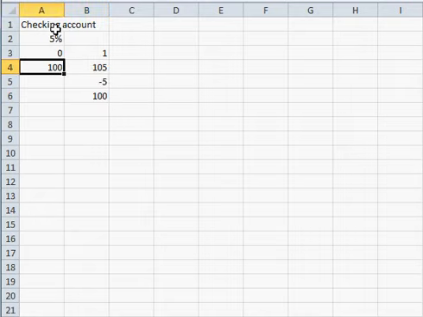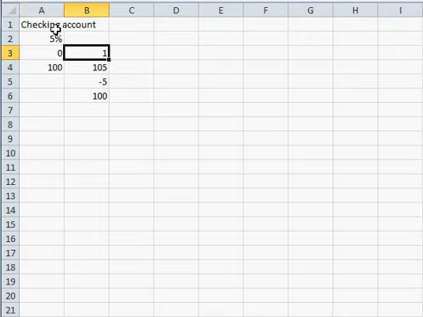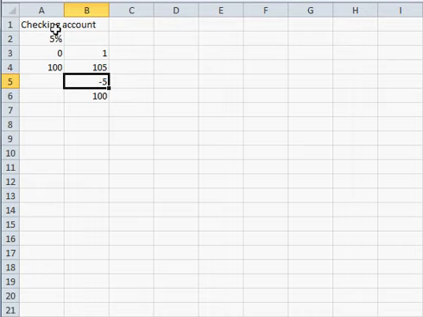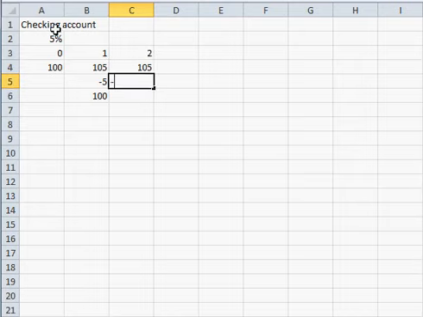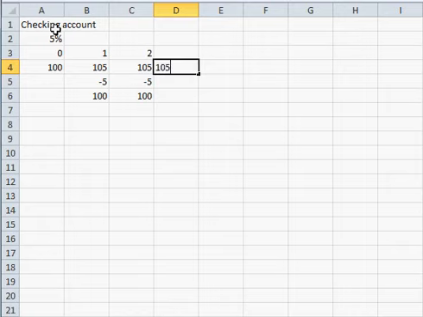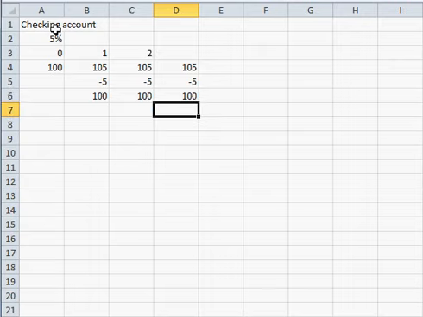So I have $100 in it in year zero. I pull out $5 and I have $100 in year one. The same thing happens in year two, and so on. So at a 5% interest rate, we could pull $5 out every period.